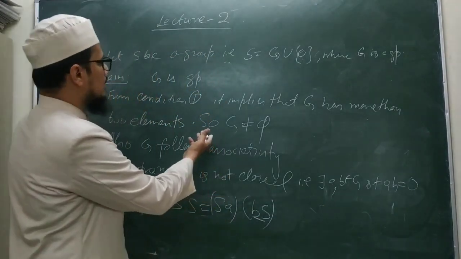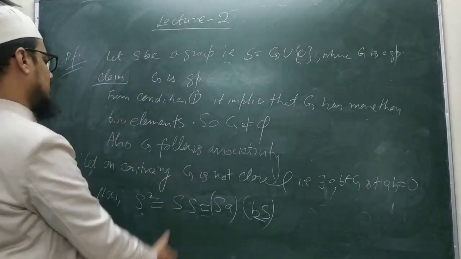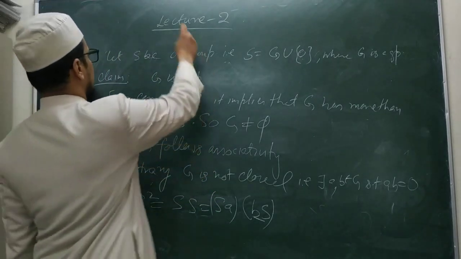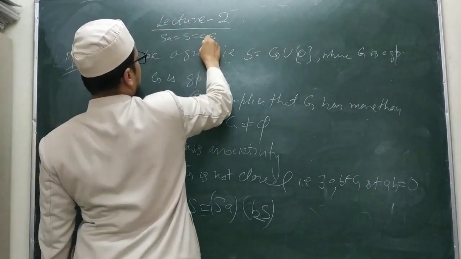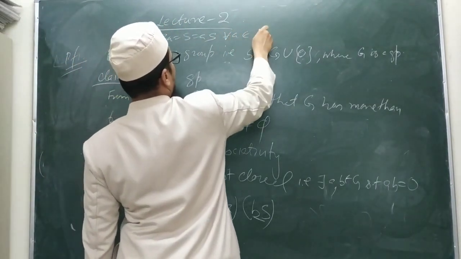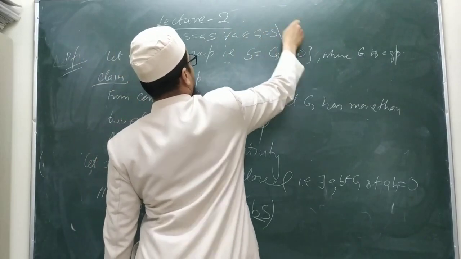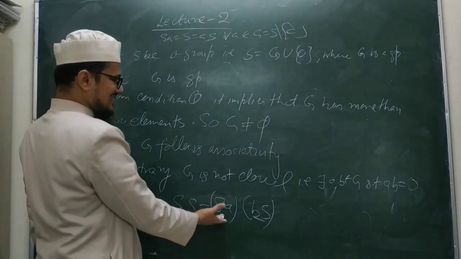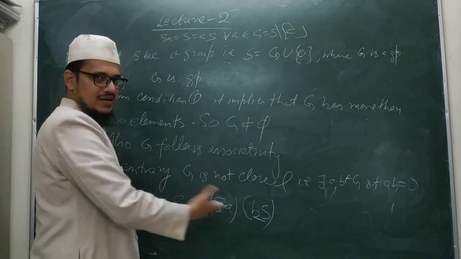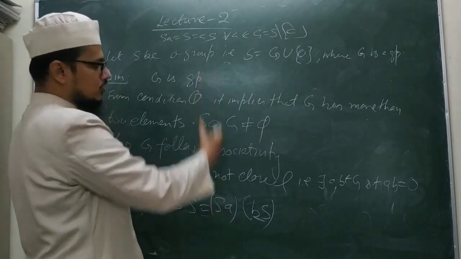Because we have the condition. Remember, we have this condition: SA is equal to S is equal to AS for every A belongs to S minus 0. This we have. So from this condition we can write S as SA, S as BS, where A and B are the members of course G.